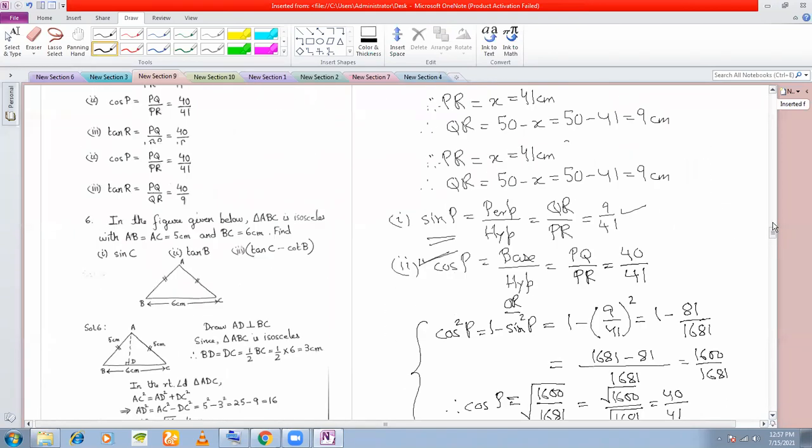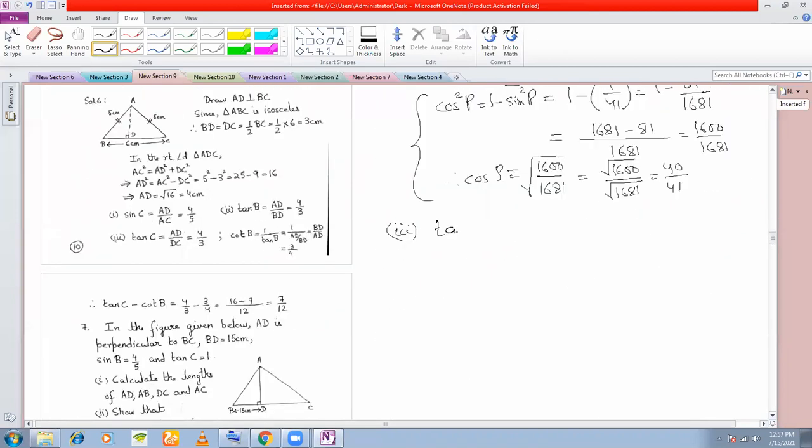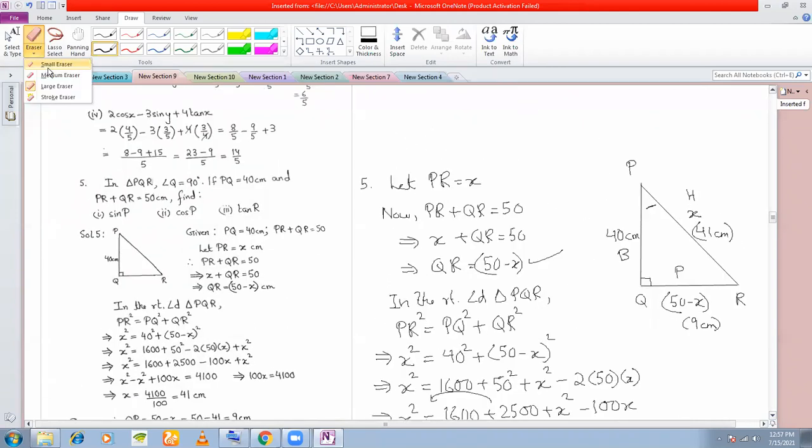Third one, we have to find out here tan R. Now look at the figure here. Which angle are we talking about now? The perpendicular and base will change now. Tan R, now we are talking about this angle. So which one is the perpendicular? This. Which one is the base? This. And this is already the hypotenuse.